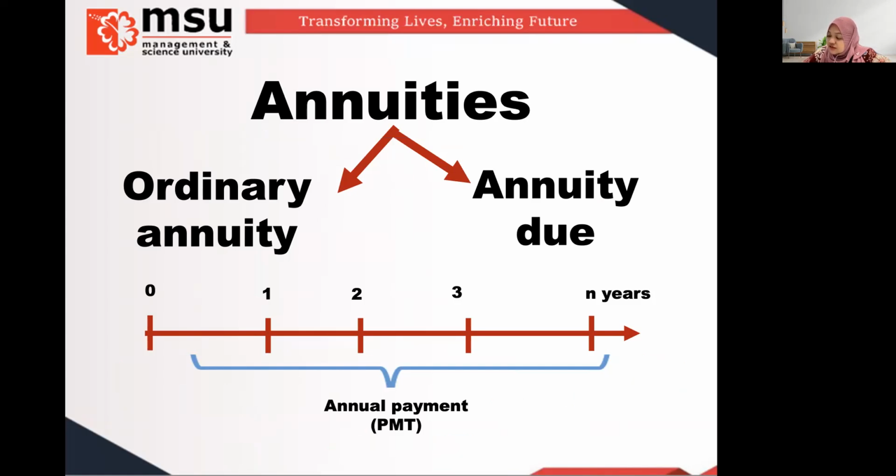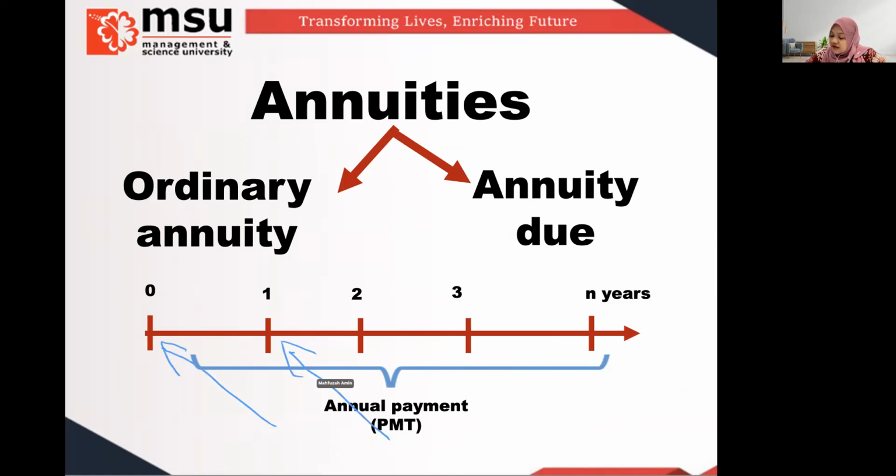Okay, so in annuities, there are 2 types of annuity. The first one is ordinary annuity and the second one is annuity due. Ordinary annuity means that the payment happens at the end of every year. Okay. However, for annuity due, the payment will happen at the beginning of each year.